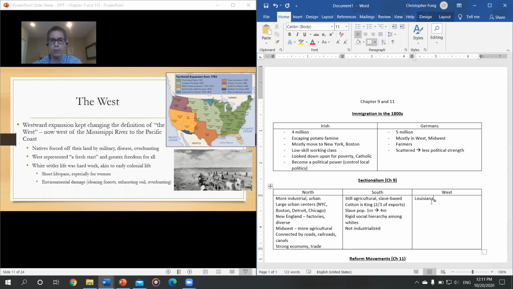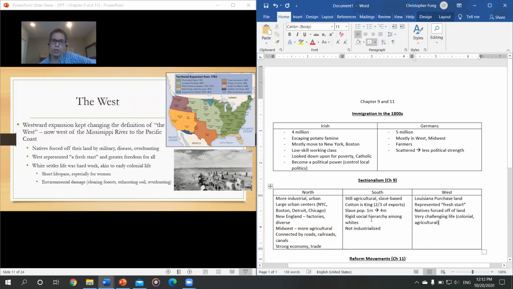So when we talk about the West, it's the Louisiana Purchase land. And this represented a fresh start, new beginnings. We have natives forced off of their land, but we also have a very challenging life. It's kind of almost colonial, agricultural.